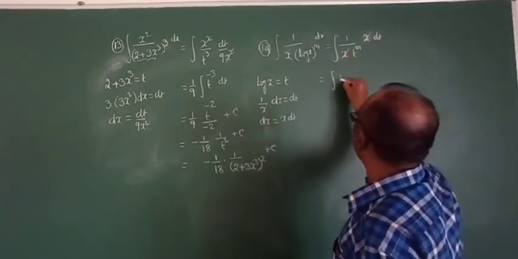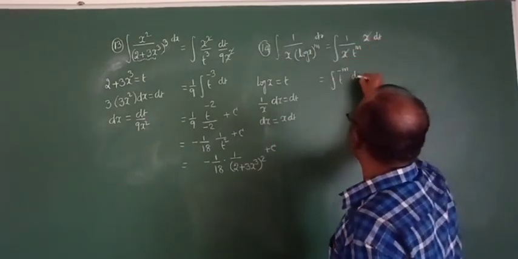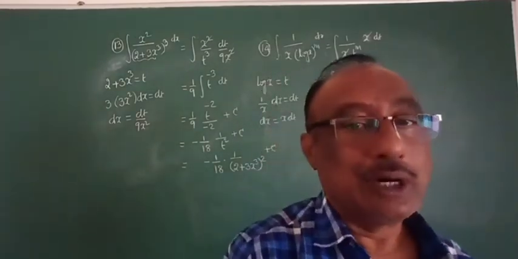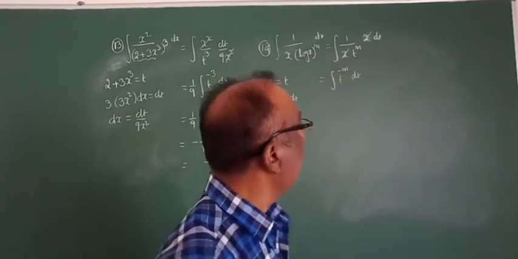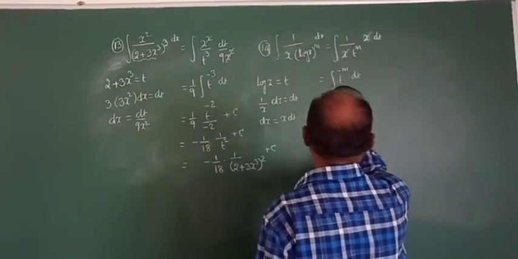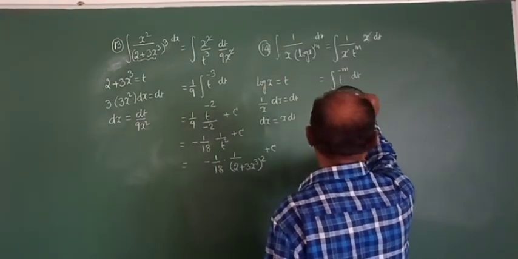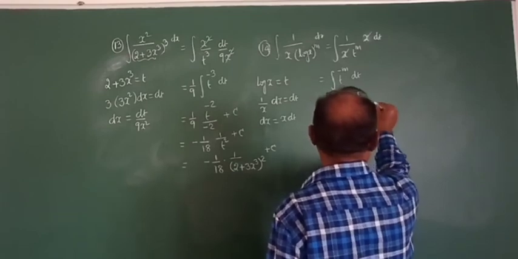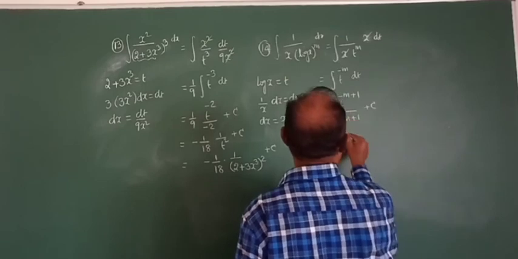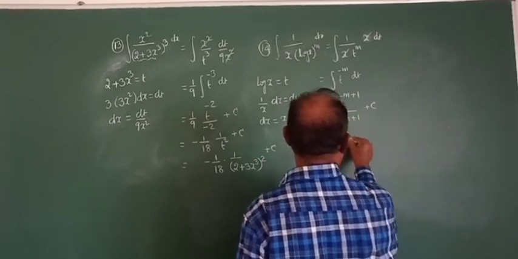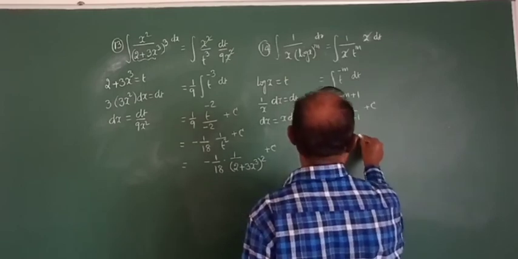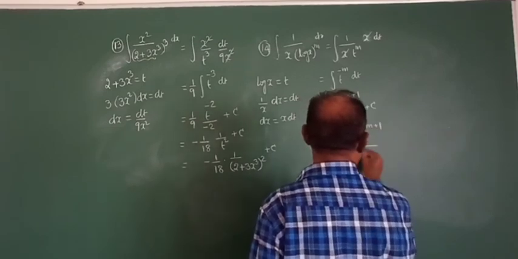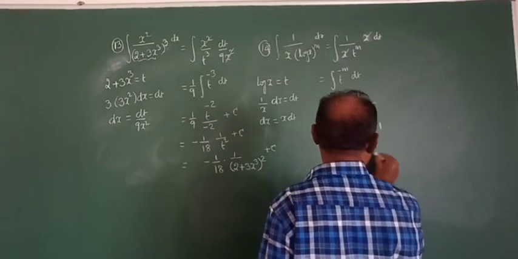Integral of t power of minus m. Reciprocal function comes into the numerator. Therefore, apply the formula: t power of minus m plus 1 by minus m plus 1, plus c. Right? Write down the t value. What is the t value? The log x. Log x power of minus m plus 1 by minus m plus 1, plus c.